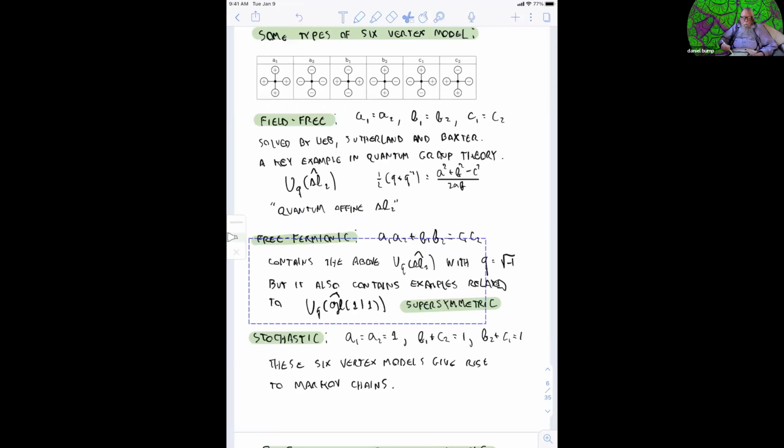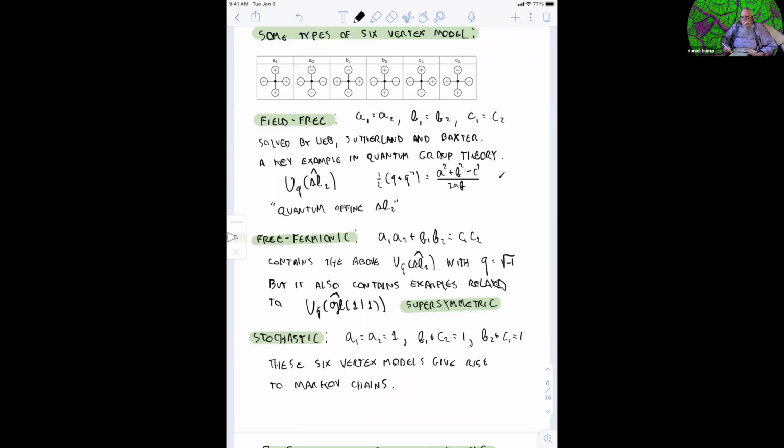Now, another class of examples would be where A1 A2 plus B1 B2 equals C1 C2. If you had an 8-vertex model, you could say A1 A2 plus B1 B2 equals C1 C2 plus D1 D2. These are called free fermionic, and they contain the above example of U_q of SL2 hat, where q is equal to -1, so that this number here, which is sometimes called delta, is equal to 0.